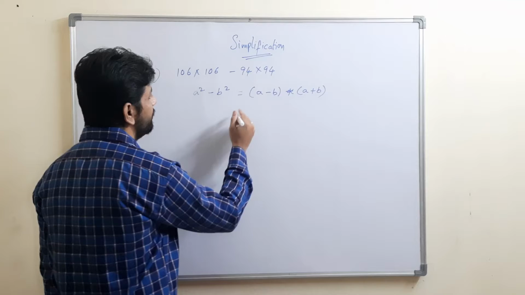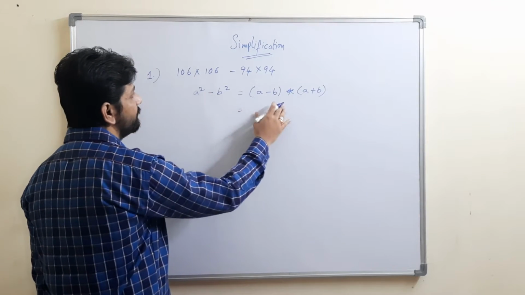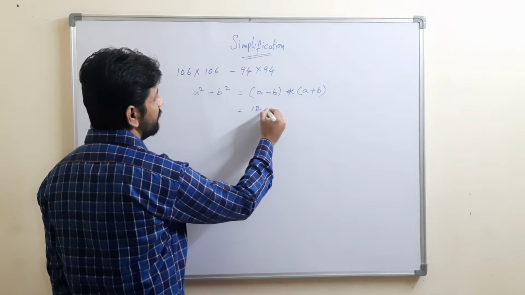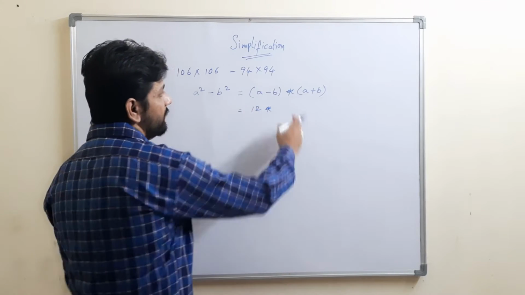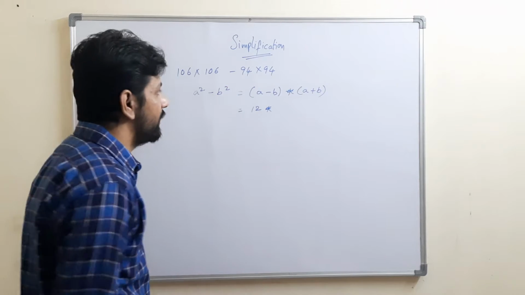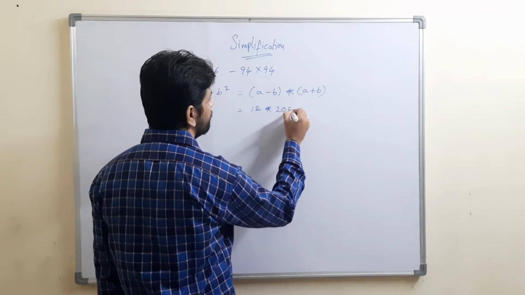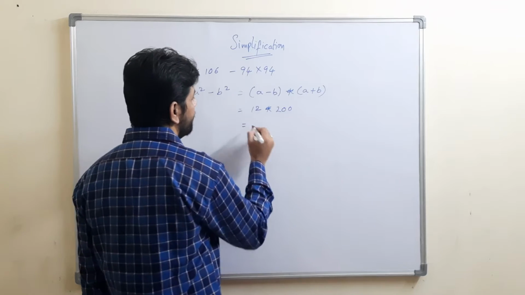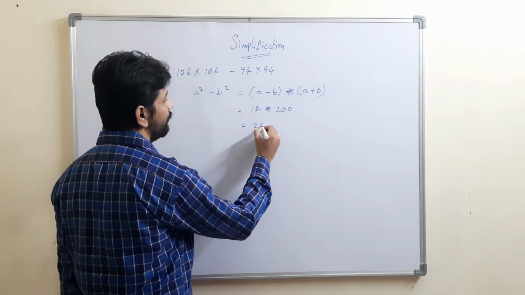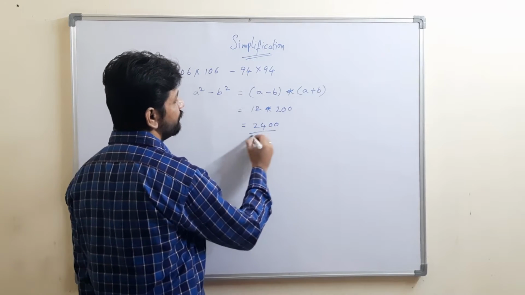So if you apply it, 106 minus 94 is 12, into A plus B, that means 106 plus 94, which is 200. Then simply multiply it: 12 times 2 is 24, and two zeros.